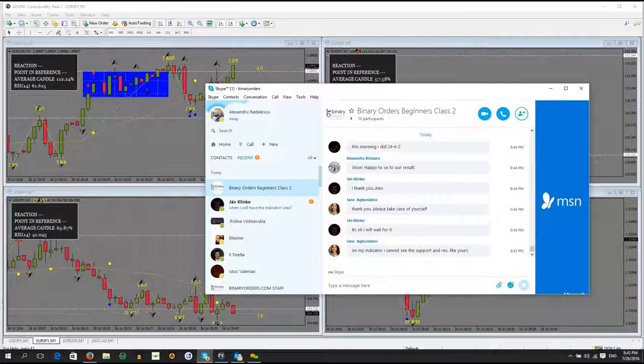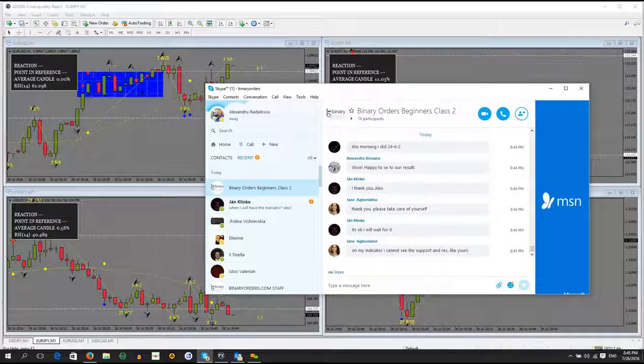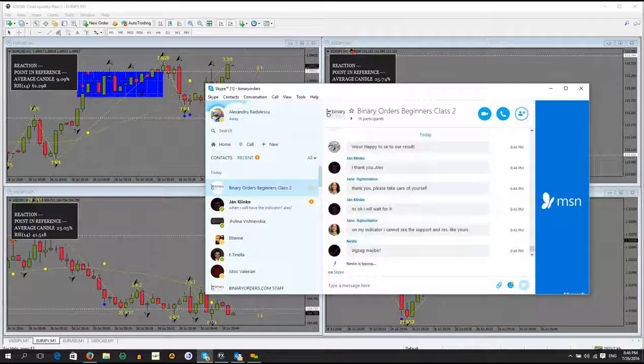On my indicator, I cannot see the support and resistance. I don't know which support and resistance you're talking about, Jane. I have no support and resistance. I draw it on MetaTrader. It's not an automatic indicator that I use.